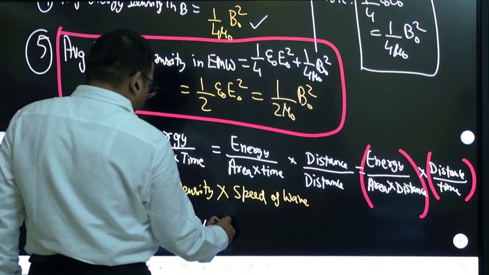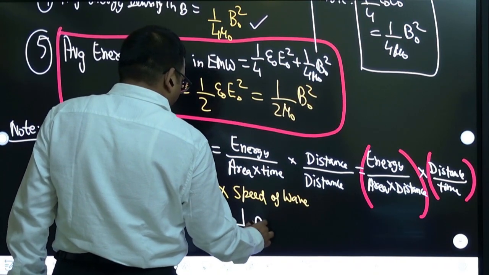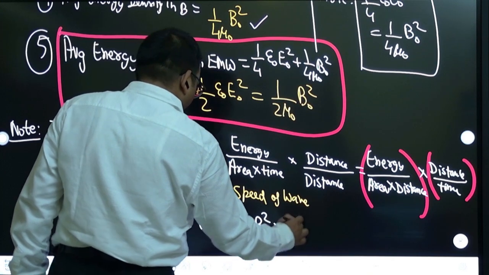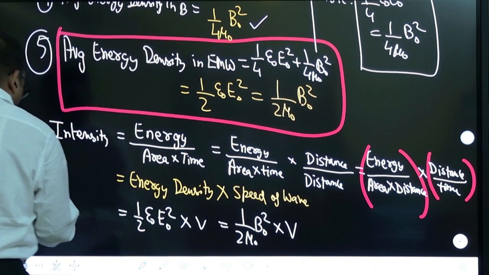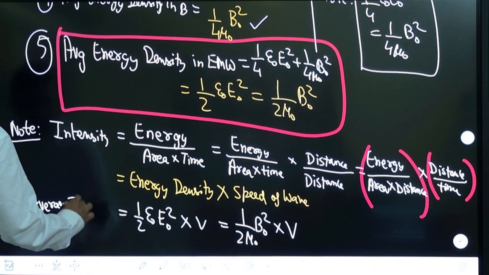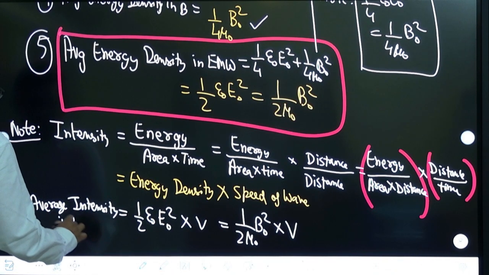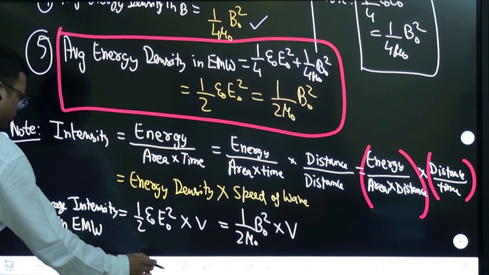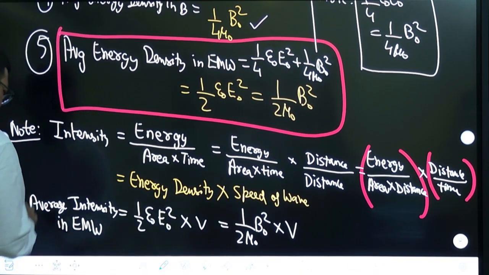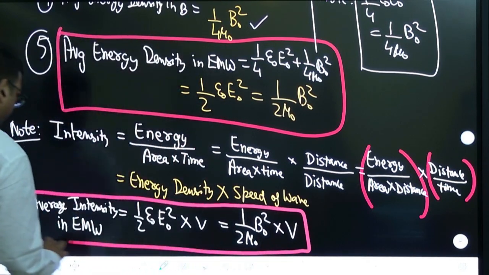This I can also write as 1 by 2 mu naught B naught square into v. Note that we are writing average intensity in electromagnetic waves. Okay. So that's the formula for average intensity in electromagnetic wave.